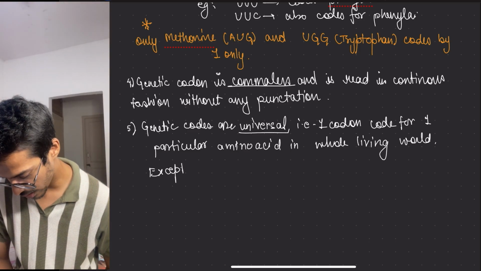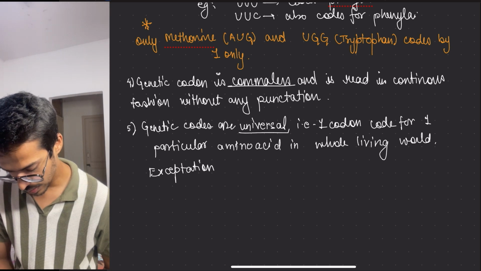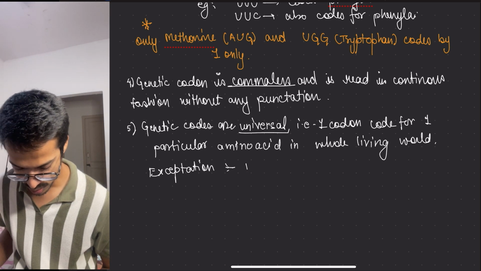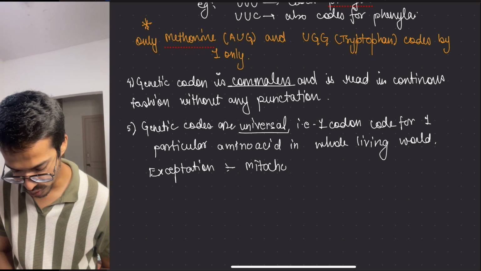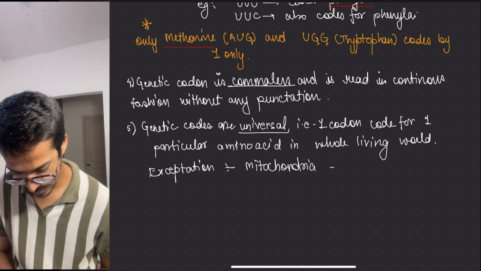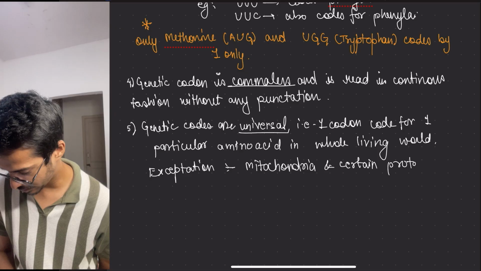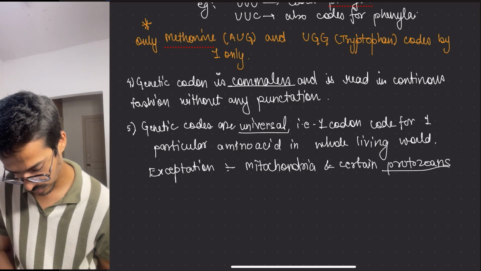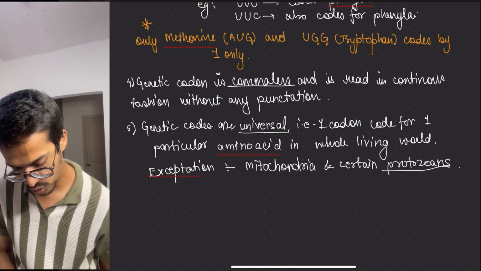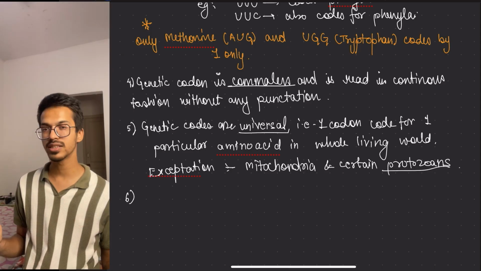But exceptions are there. Exceptions, that is mitochondria and certain protists, which belong to protozoan. That is it.